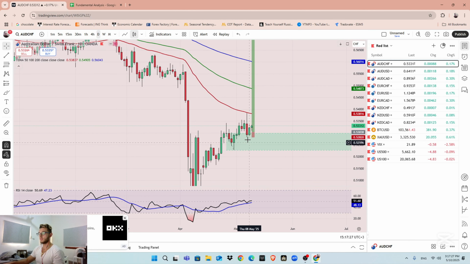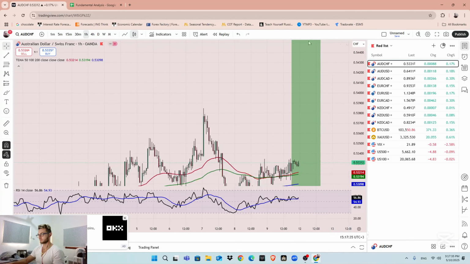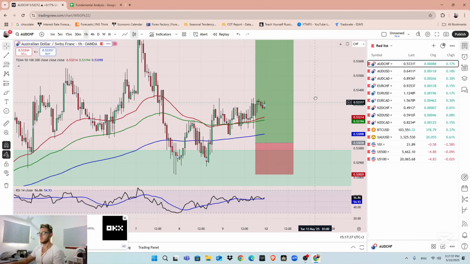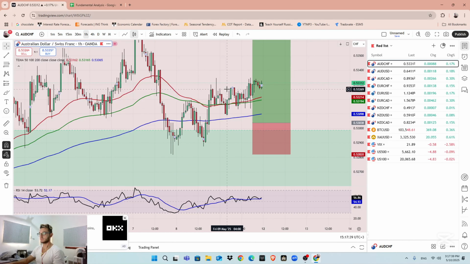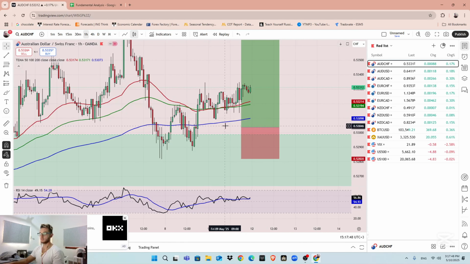So we have this zone right here, and we got rejected from this area. On the hourly time frame, we have a shift in market structure, so I'm anticipating some type of retracement into this area, into the 200 moving average, sweeping this liquidity right here.